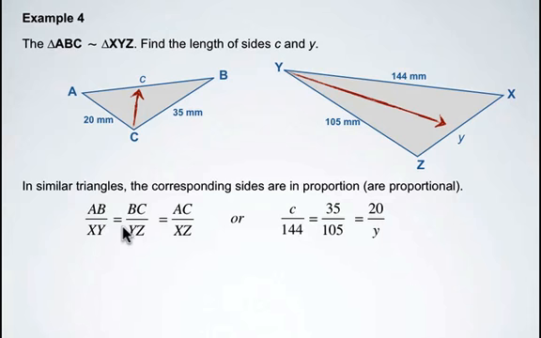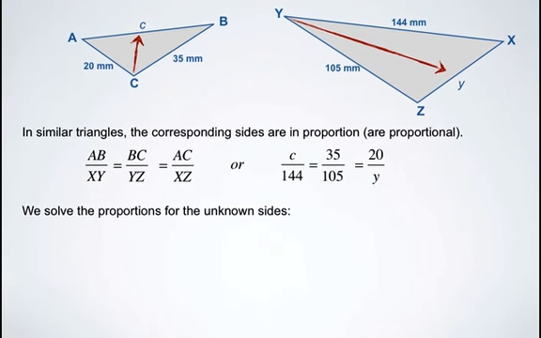We've also taken side length XY and subbed in its values. So we've subbed in all of the side lengths that were given, and we have our two unknowns, side lengths C and Y. Now our task is to solve for C and Y.